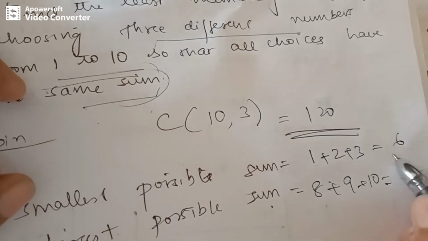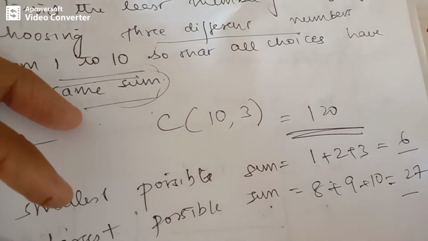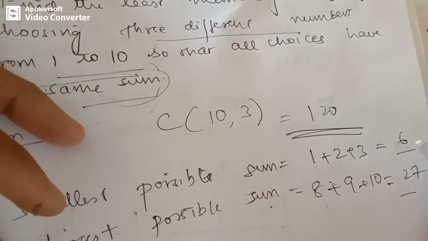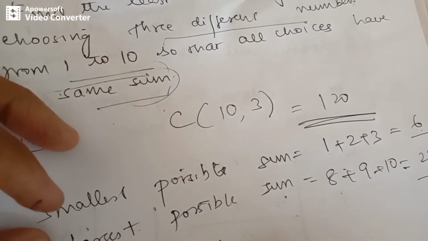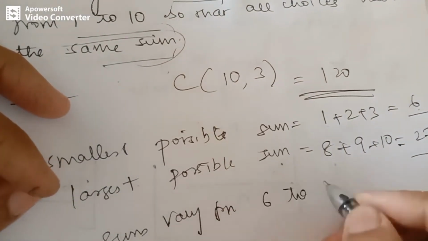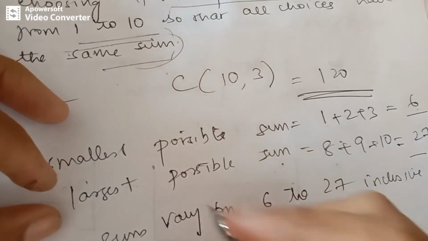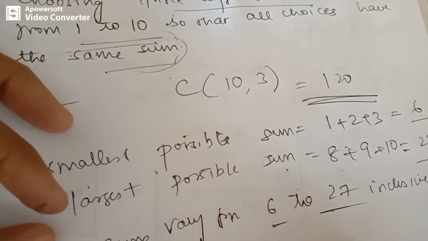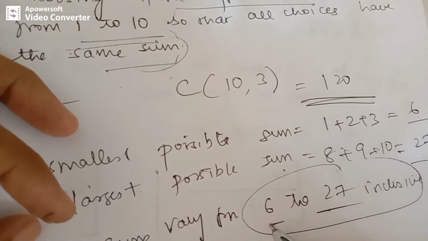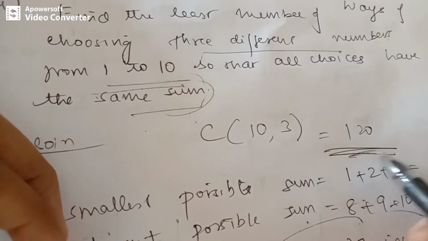So this is the lowest possible sum, this is the largest possible sum. So we have to find how many sums are there. These sums vary from 6 to 27 inclusive. So you find out how many numbers there are. 6 to 27 means 22 numbers, or 22 sums. When you count from 6 to 27, there are 22 such numbers out of 120.